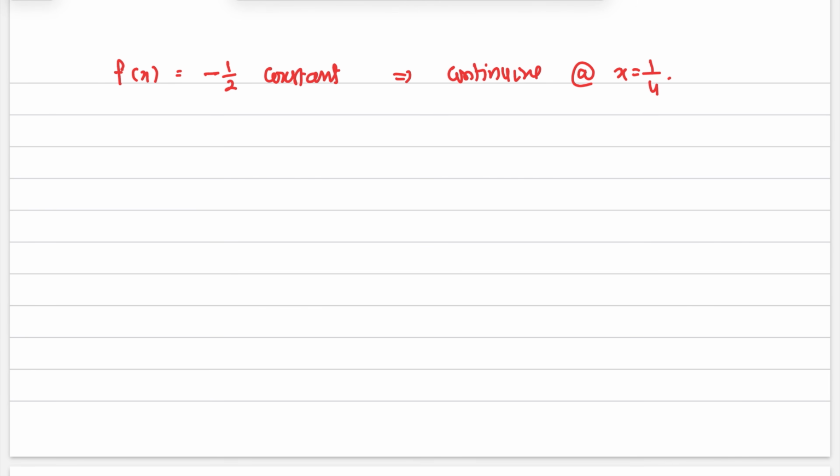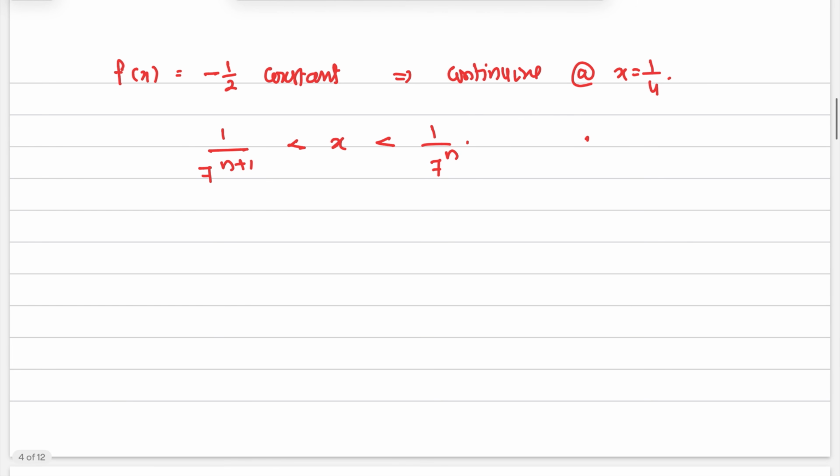The condition what is required here, why 1 by 4 I have taken, why 1 I have taken, why 1 by 7 I have taken, why I have taken n is equal to 0. The reason being, please try to understand. What is the condition given for x value? X should be between 1 by 7 to the power of n plus 1 and 1 by 7 to the power of n.